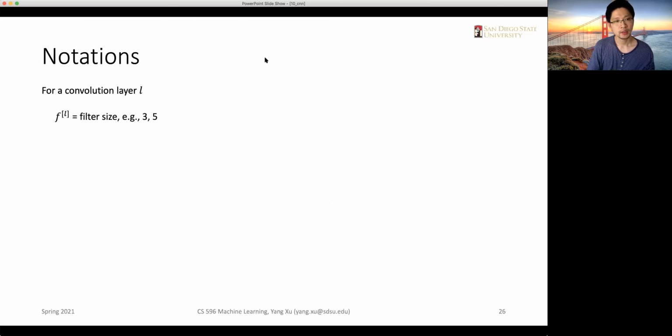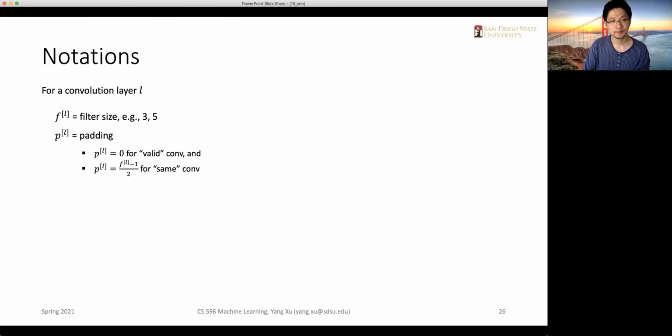Let's look at the more formally defined notation, just like what we did with the regular neural network. We still have the concept of L, because we have multiple layers. L is for the layer, and F superscript L is the filter size used for layer L. The padding for that layer is P superscript L. This P can take different options as we discussed before.